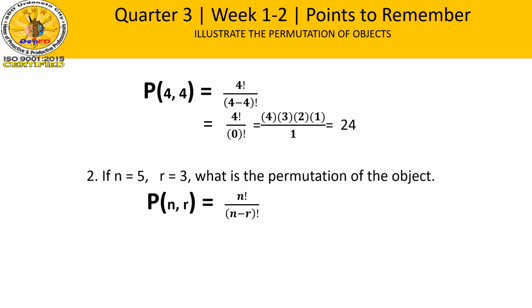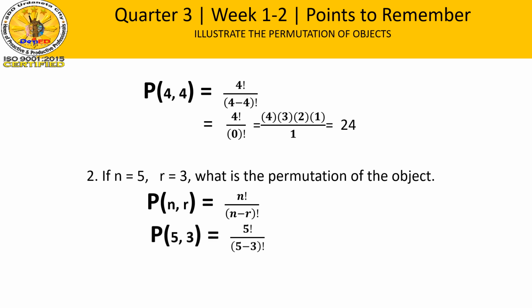Another example: if n is equal to 5 and r is equal to 3, what is the permutation of the objects? Using the equation, permutation of n objects taken r at a time is equal to n factorial divided by the quantity n minus r factorial.